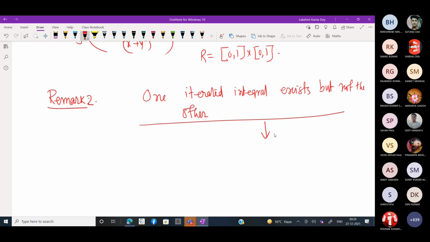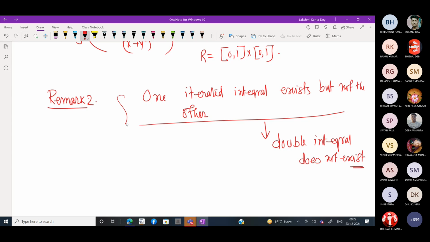And this implies it may so happen the double integral also does not exist.